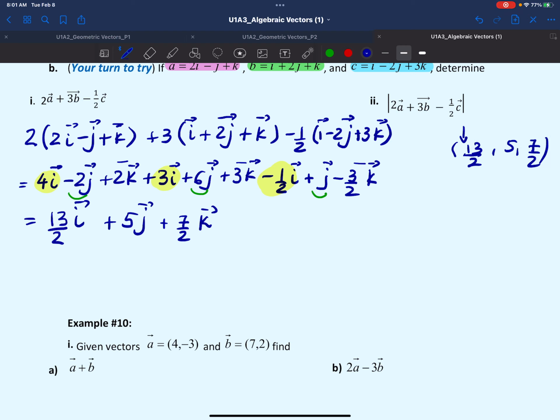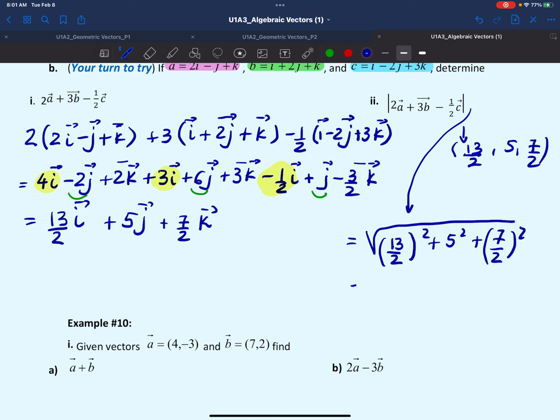So the magnitude equals the square root of (13 over 2) squared plus 5 squared plus (7 over 2) squared, which will make it 169 over 4 plus 25, which I'm going to express as over 4, so 100 over 4, which will make it easier. And (7 over 2) squared is 49 over 4.